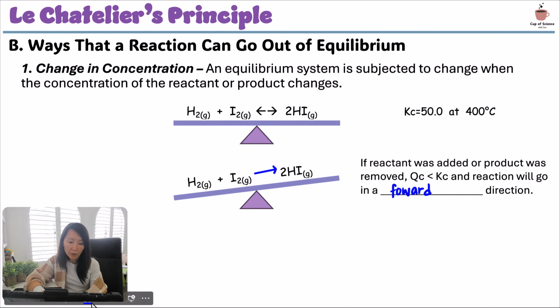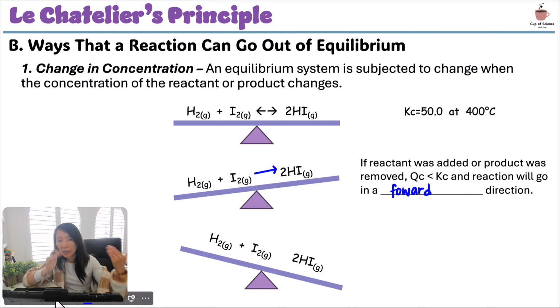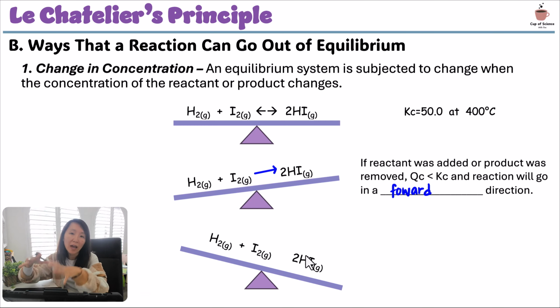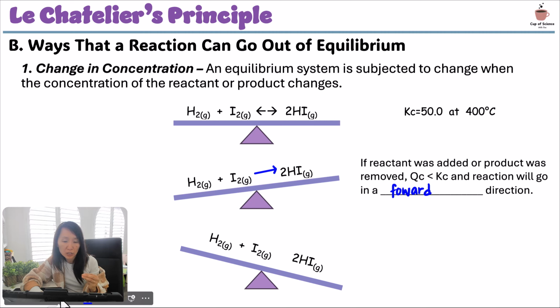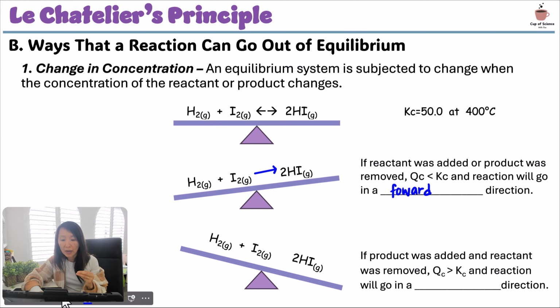In another scenario, when the teeter-totter is on the other end of the spectrum, where on the product side there's a lot of weight put on that side of the teeter-totter, meaning more of the product has been added or some of the reactant has been removed. So these are concentration differences happening here. If the product has been added or the reactant has been removed, then we have established where the Qc, or the reaction quotient, is greater than the Kc.